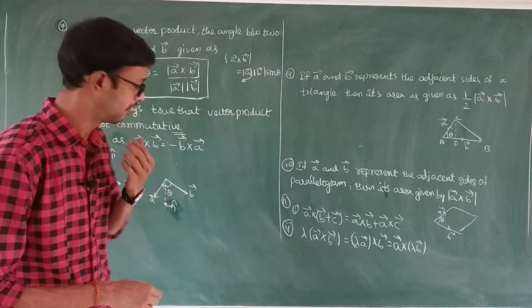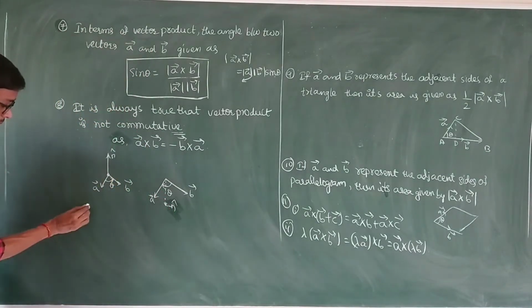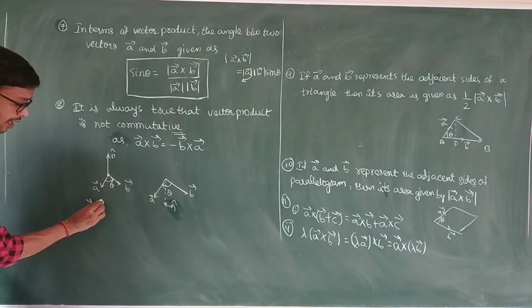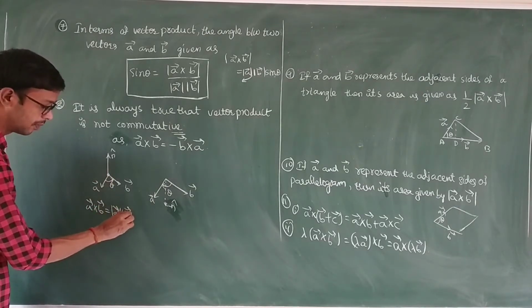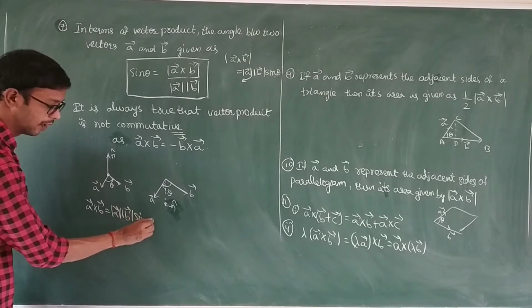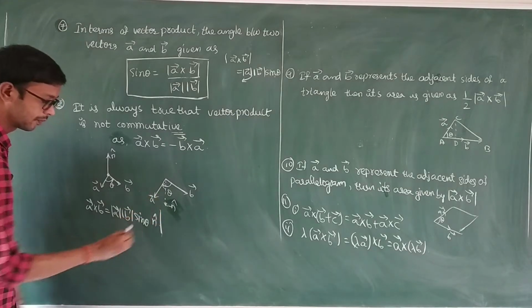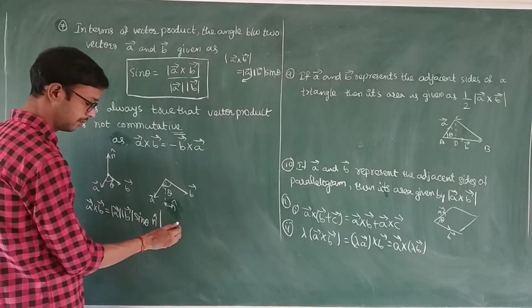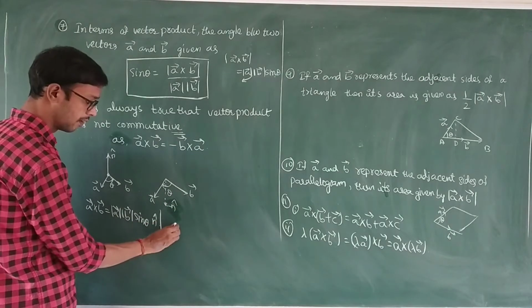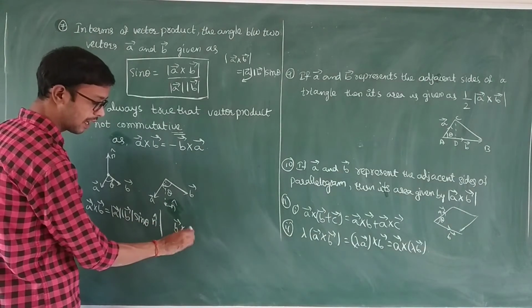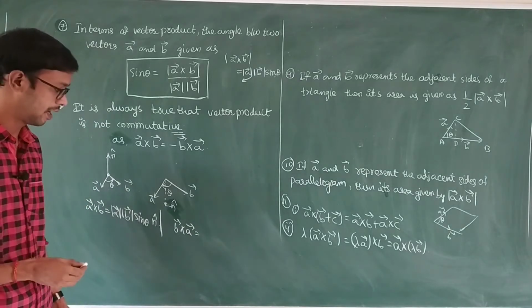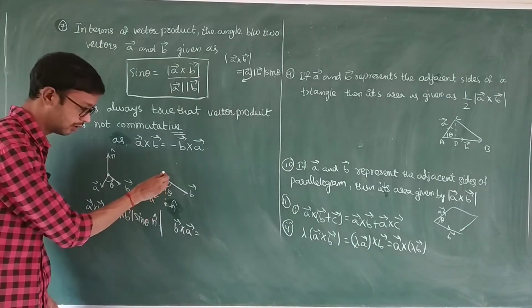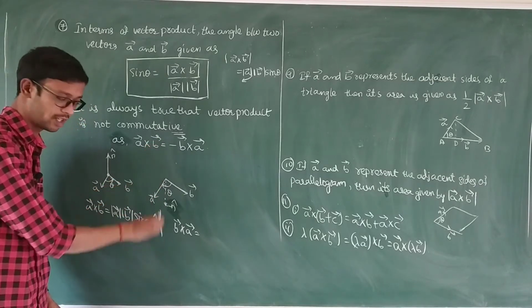How, sir? Observe here: A bar cross B bar is equal to magnitude of A bar, magnitude of B bar into sin theta into n cap. In this situation, B bar cross A bar, B to A, the direction will be changed to downside.